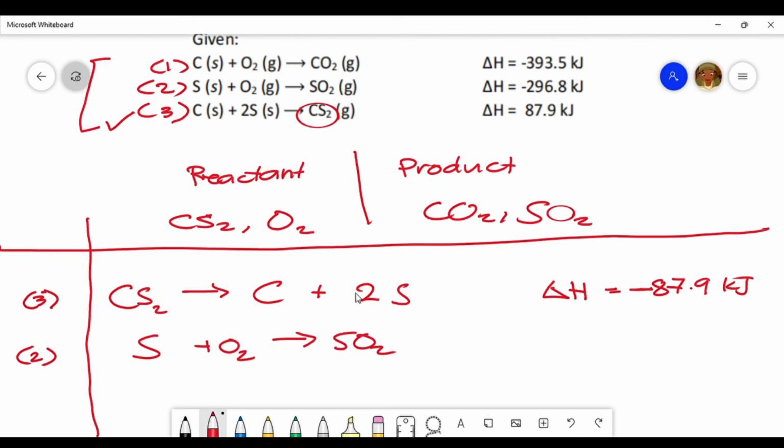I noticed that this equation 2 is not balanced yet.